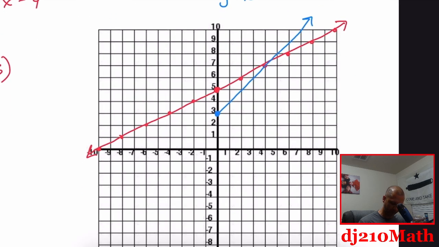The line actually goes down too, but I really don't care about this direction, because we see the intersection. The intersection is right here. This is where it's supposed to be at. So one solution, which is 4, 7.